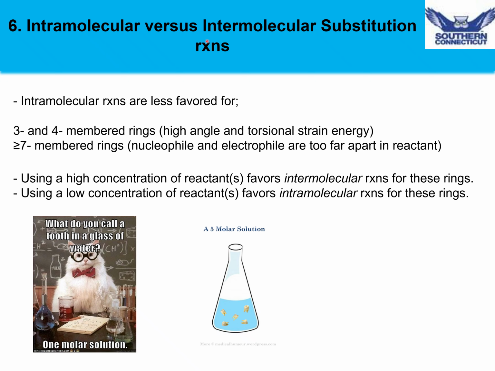Whenever we have the possibility of forming a 3 or 4 member ring, which have high angle and high torsional energy, it is less likely for an intramolecular reaction to occur. Larger rings are also unlikely to form due to the fact that the nucleophile and electrophile are very far apart.